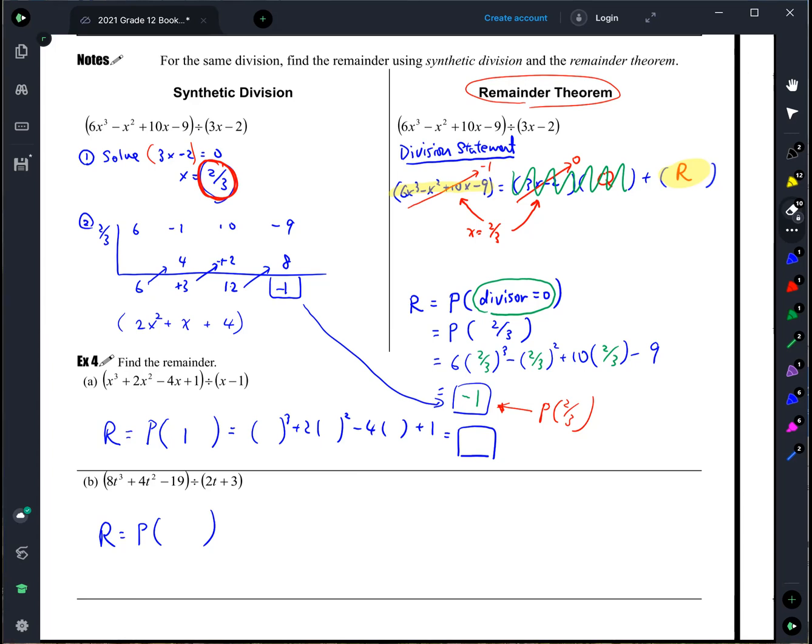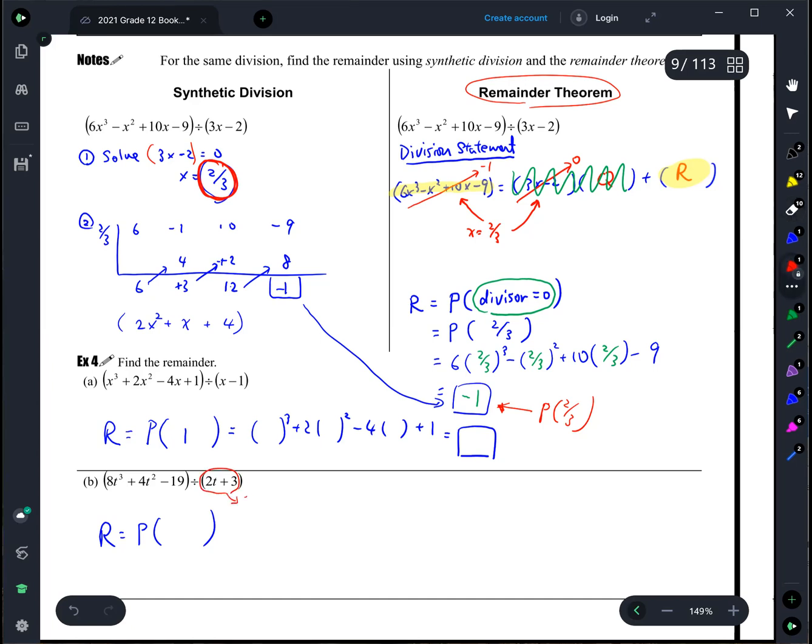Is it 3? 2t plus 3? You take 2t plus 3 and you need to solve for t. You need to move the 3 over first, right? 2t plus 3 equal to 0. 2t equals negative 3.